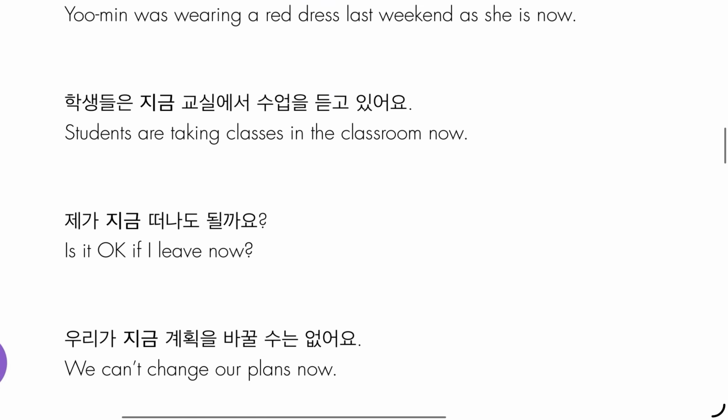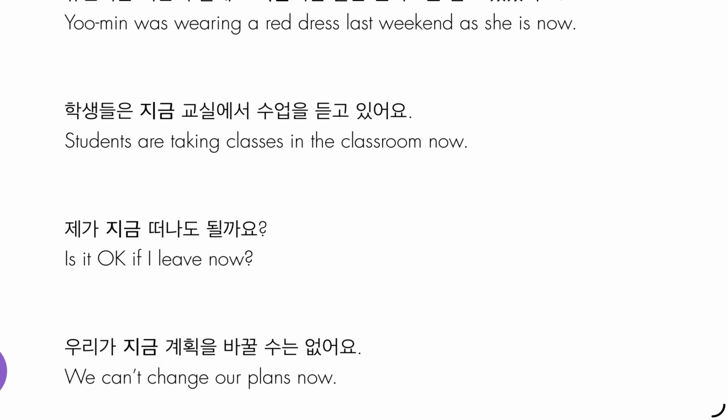Okay? Students are taking classes in the classroom now. 학생들은 지금 교실에서 수업을 듣고 있어요. Right now at this moment. Once again, we have present progressive. At the end, 고 있어요 means doing.